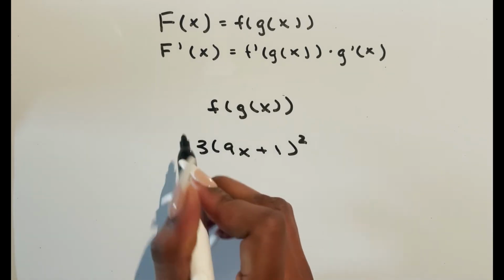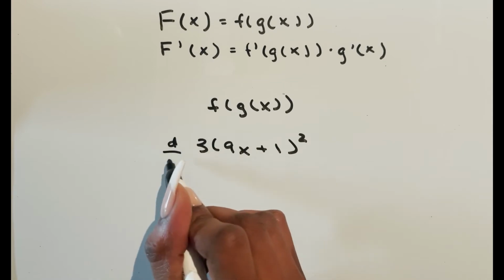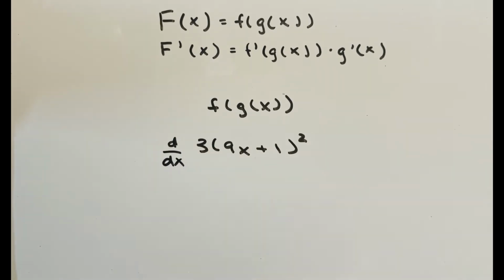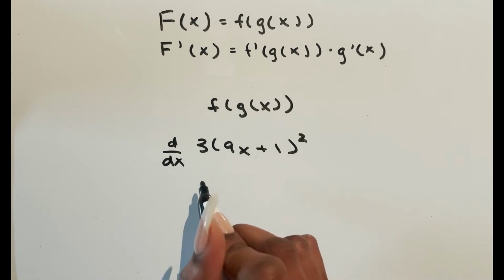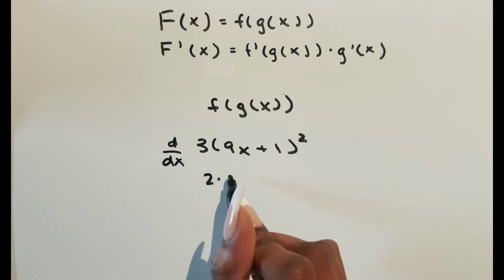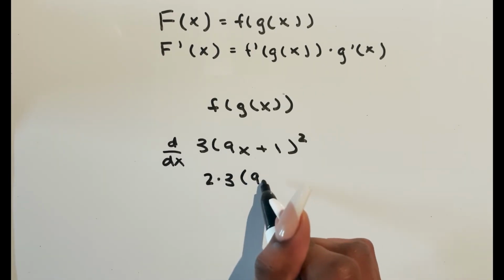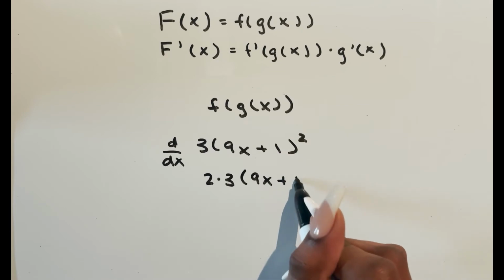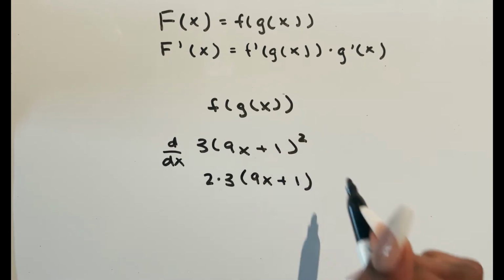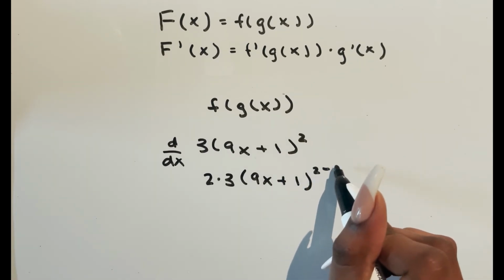So we're going to take a little bit about what we know of the power rule, and we're going to solve for the derivative of the outside stuff first. So we'll bring the 2 to the front and multiply it times 3. We'll leave the stuff in the parentheses alone. So just rewrite it. And then we'll subtract 1 from 2.